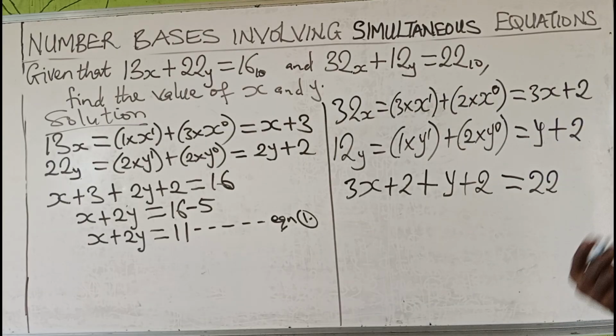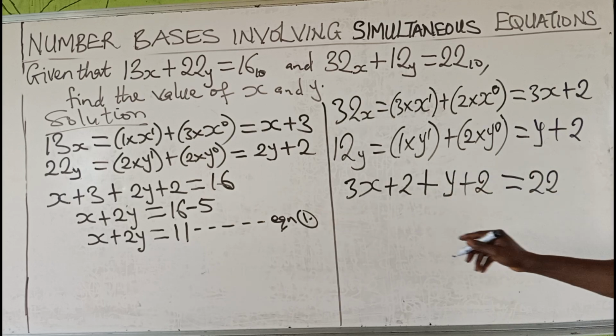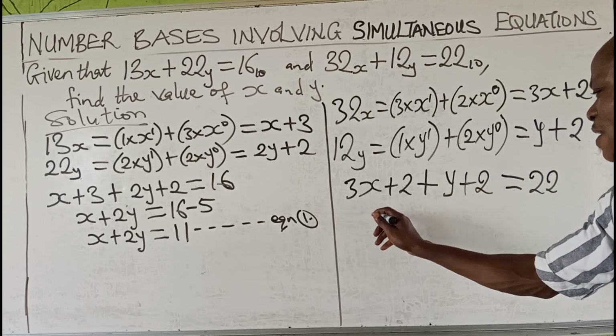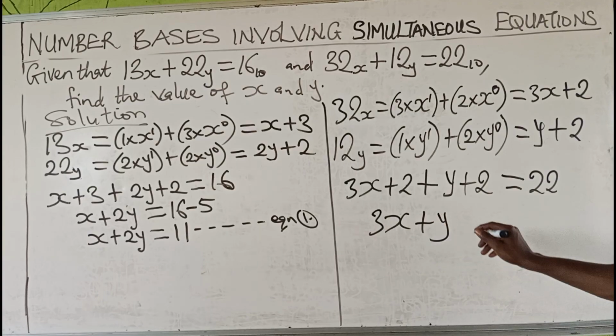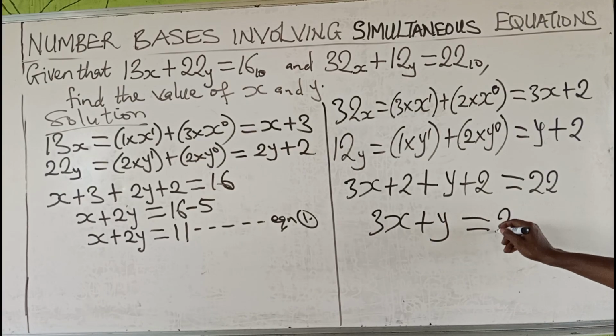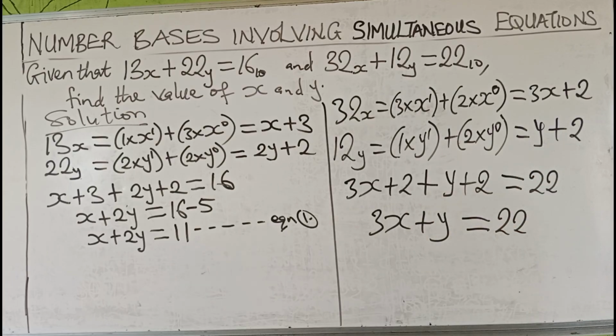Now the next thing, we move the numbers to this side, leaving the letters here. So we have 3x plus y equal to, here we have 22. Now, plus 2 plus 2 is equal to plus 4. Now, plus 4 crossing to this other side becomes minus 4.